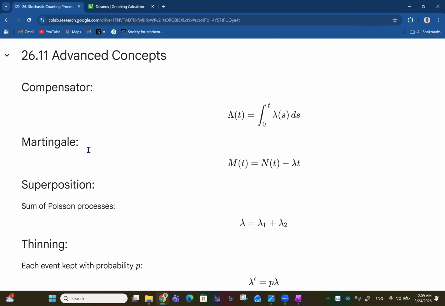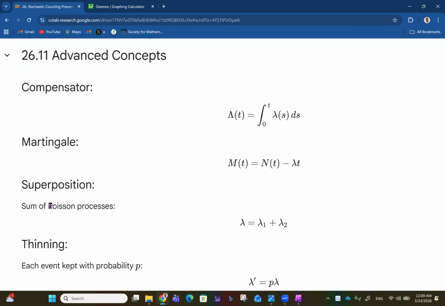Then you have the martingale. I think we're going to see all of this, especially the martingale, in a future video. Here, M of t is equal to N of t minus lambda t. So the martingale is the difference between the number of arrivals at time t and the arrival rate times time.